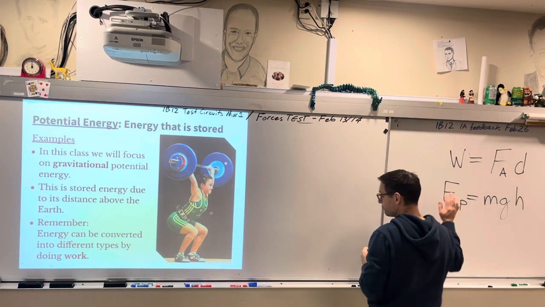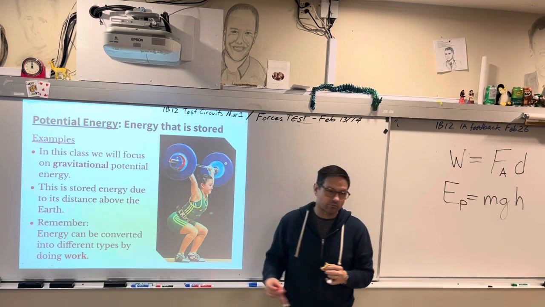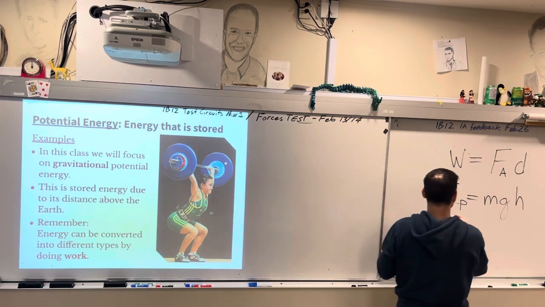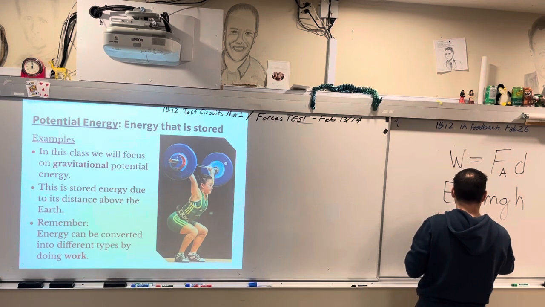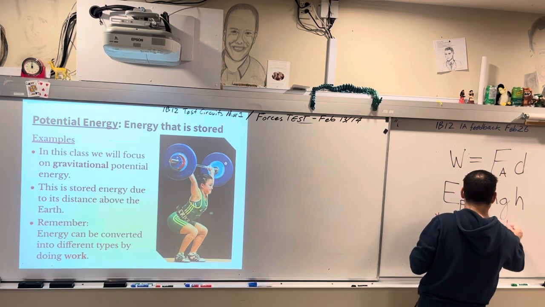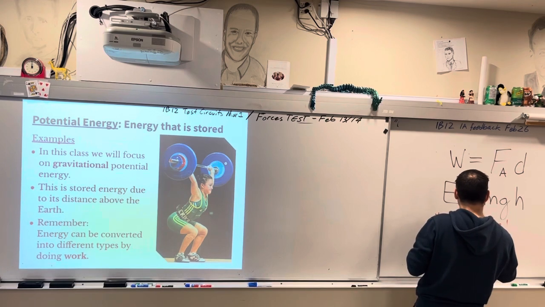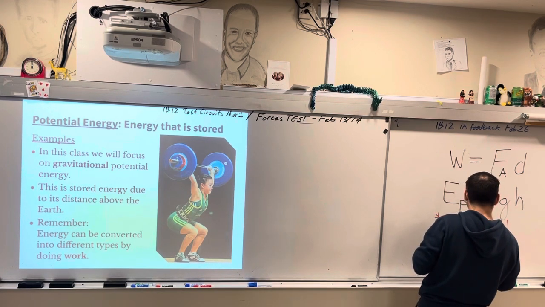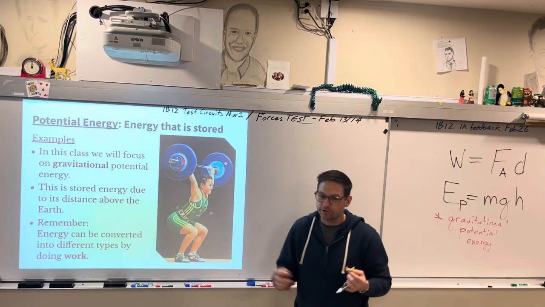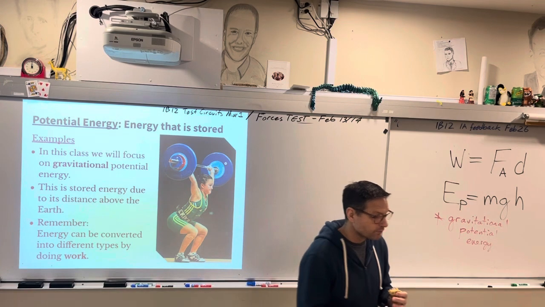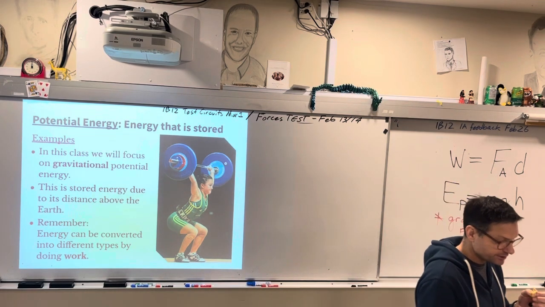This only works for gravitational potential energy. We use it a lot because it's nice and constant, and we always have gravity around, so it's nice to use. So we learn a lot about gravitational potential energy.